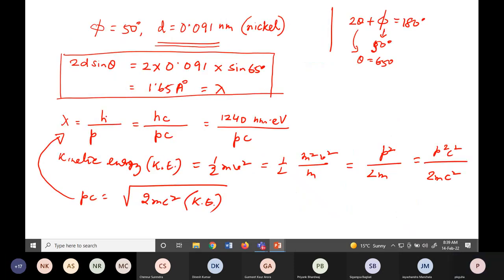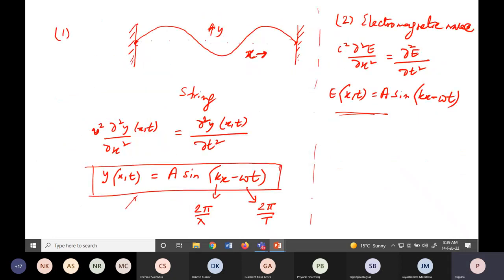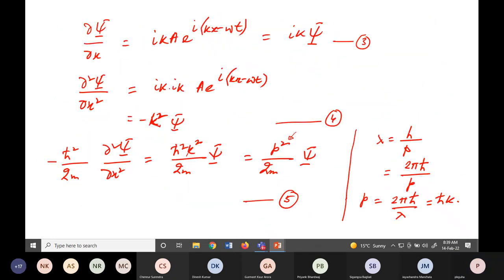Kinetic energy is p square over 2m, half mv square, and then you multiply with m, numerator and denominator, and then it becomes p square over 2m. So that is why he multiplied minus h square over 2m to get the kinetic energy part in the equation.